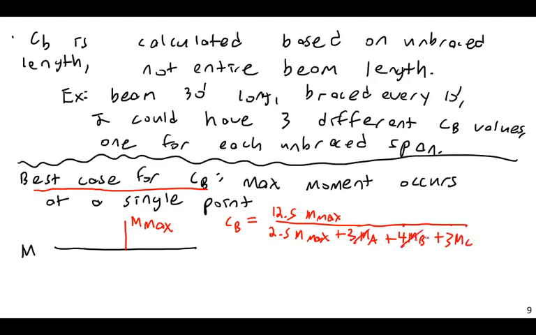All of these would go away as they would be 0, and the M max would cancel out. So I would basically get 12.5 over 2.5, or 5, an incredibly high value for CB.